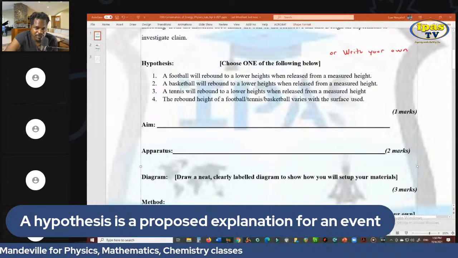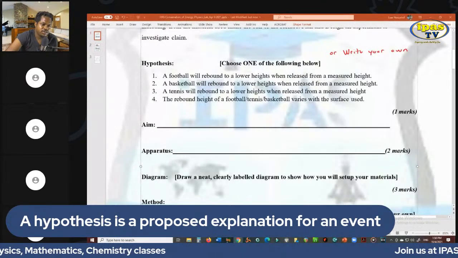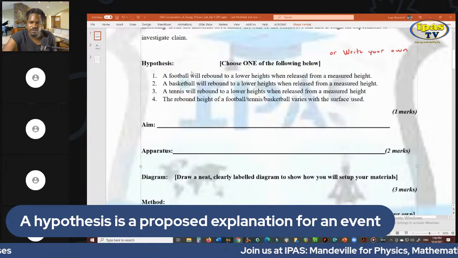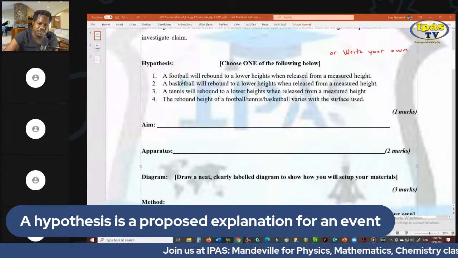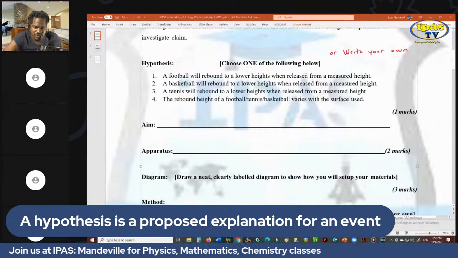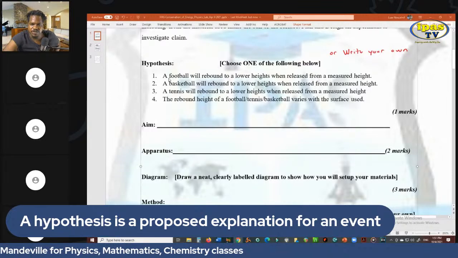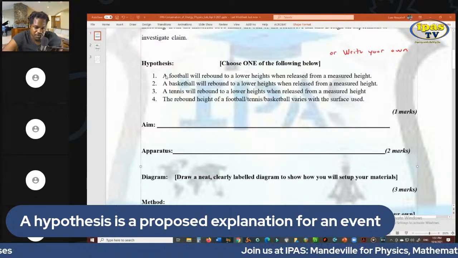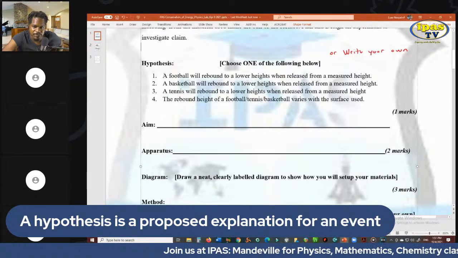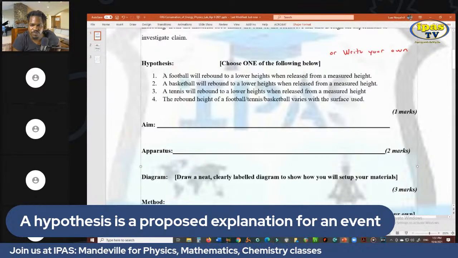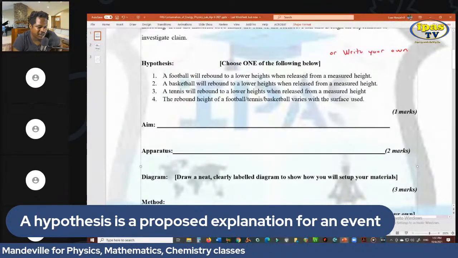The sentence is supposed to explain why the ball does not rebound to its original height. It's your opinion, but it's a proposed explanation, so it doesn't have to be right. It just needs to be strong and assertive.